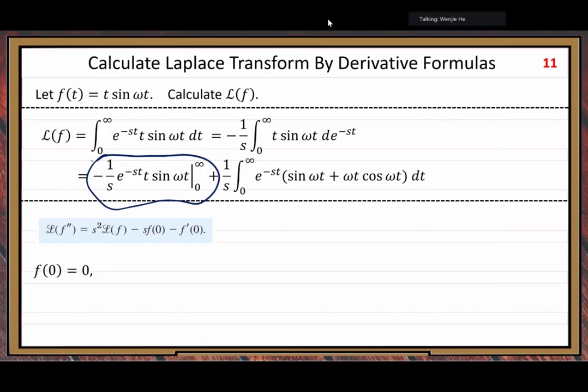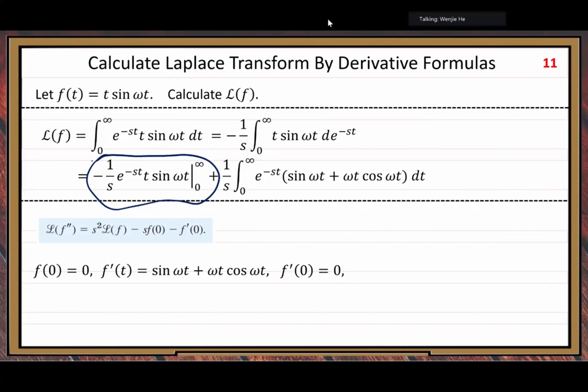What is the function f? Its initial value, f of 0, equals 0. Then let's calculate its derivative. Plug in 0 in this derivative function, and you get f prime of 0 equals 0.